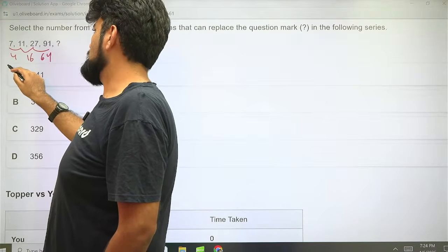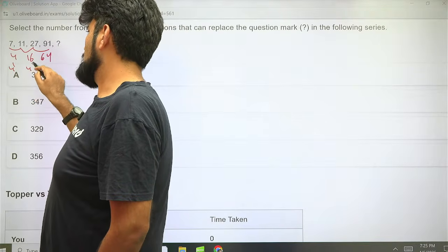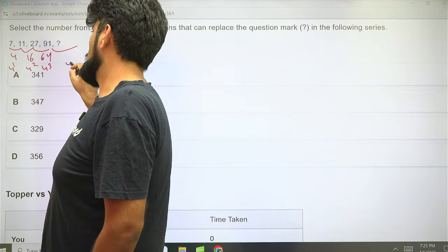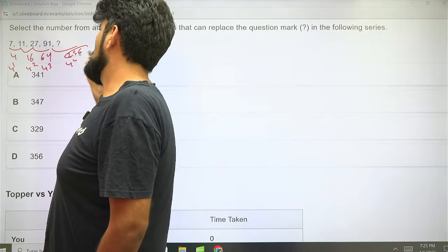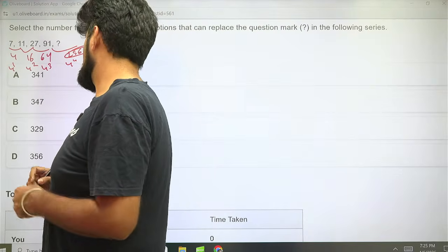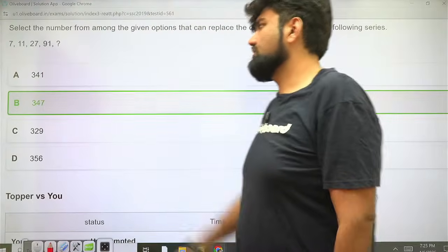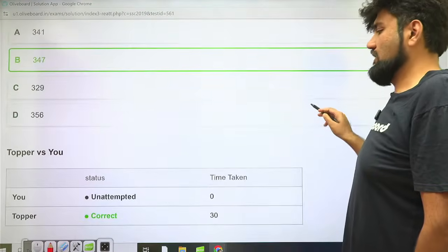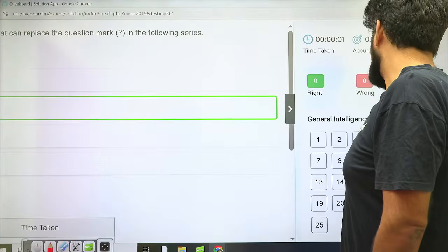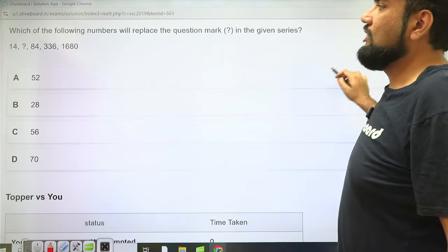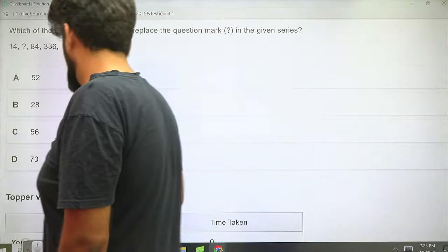So this is 4 power 1, 4 power 2, 4 power 3. So the next one has to be 4 power 4, which is 256. 91 plus 256 is 347. Option B. Unit digit. Cool. Good question. 30 seconds. Excellent. Good job.